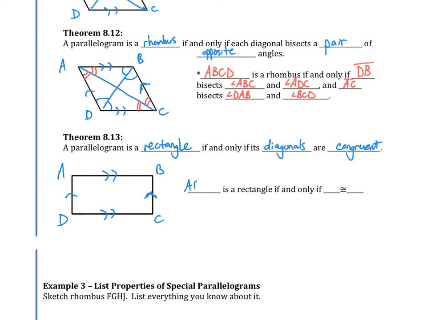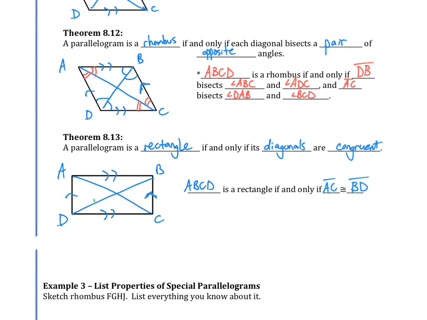So it says ABCD is a rectangle if and only if AC, so from A to C, is congruent to BD. So segment AC must be congruent to segment BD.